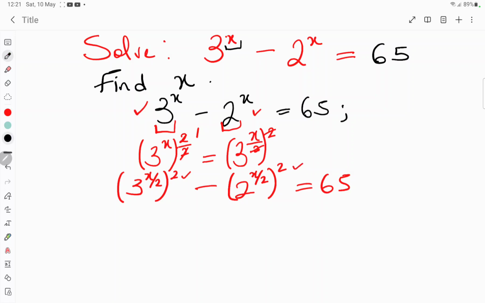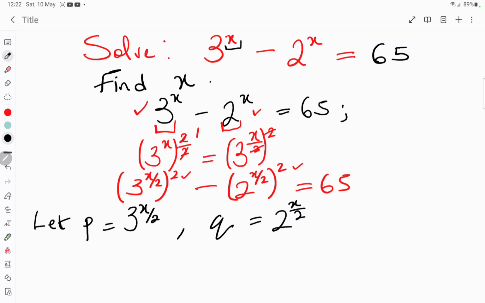Then the next thing we have to do is observe these terms. Now these terms are in a quadratic form, so we can write it in a unique way to help us find those values. Let p be equal to the first term, which is 3 power x over 2, and let q be equal to 2 power x over 2.